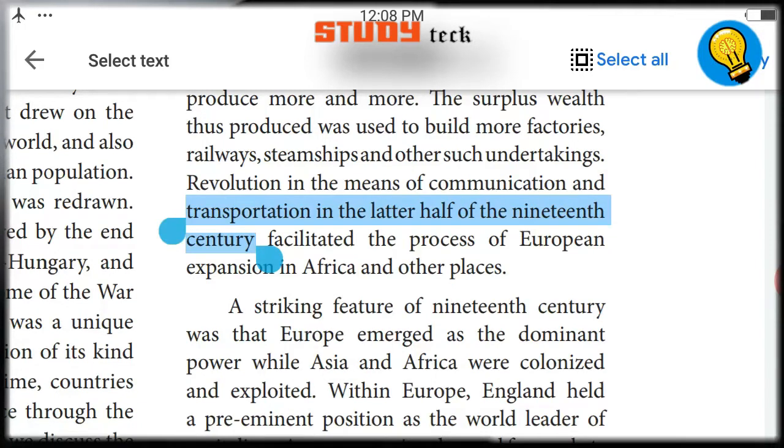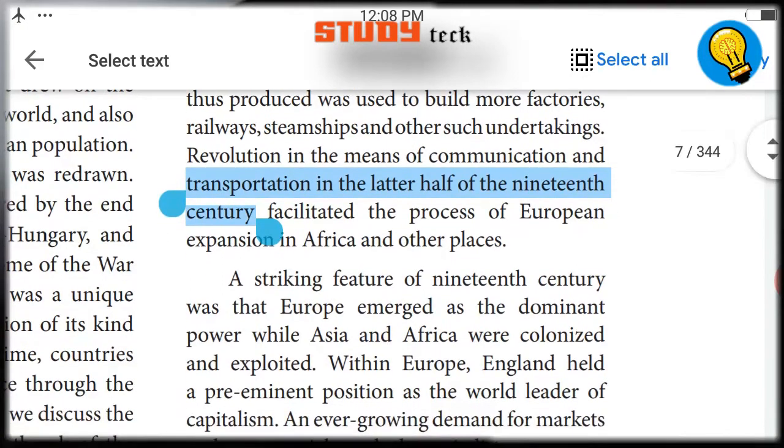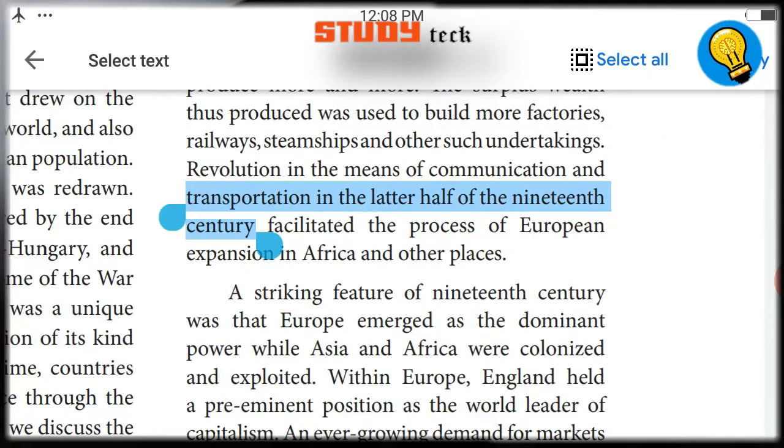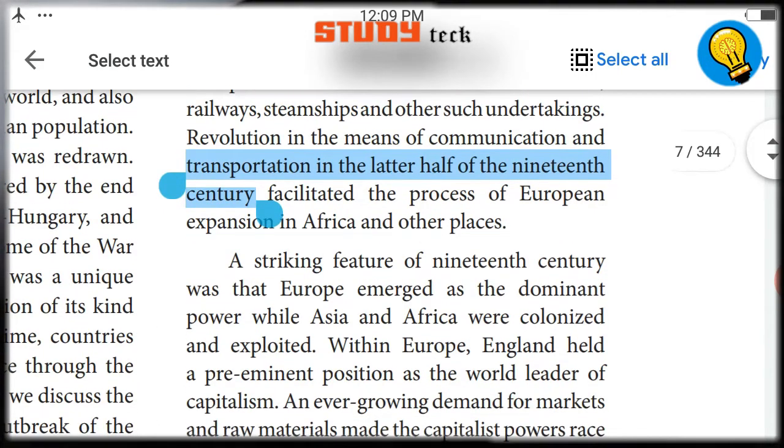Why did they improve the transportation system? Because the produced goods were sent to the market and raw materials were purchased from various places. So transportation helps that activity. Transportation and communication facilitated European expansion in Africa and other places.